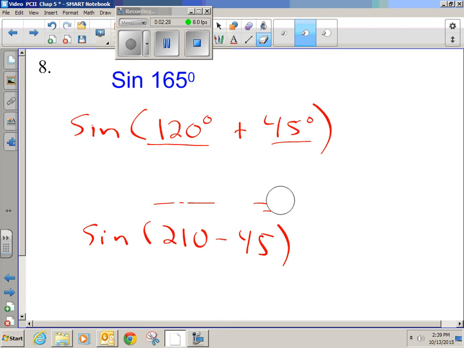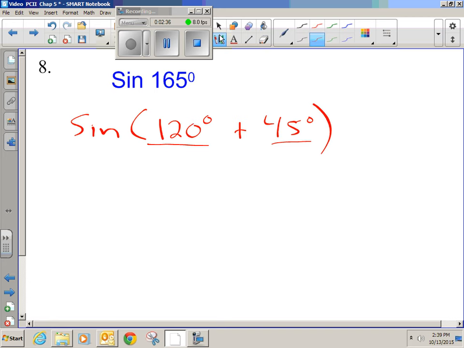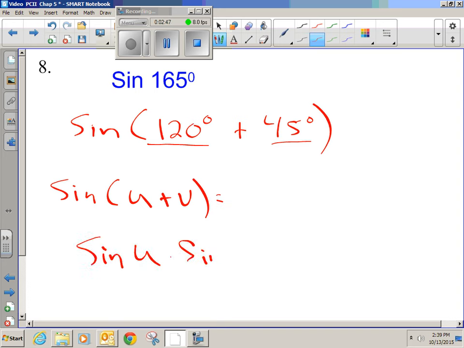I'm going to write this as sine of 120 plus 45. I'm now going to write my sum formula of sine.